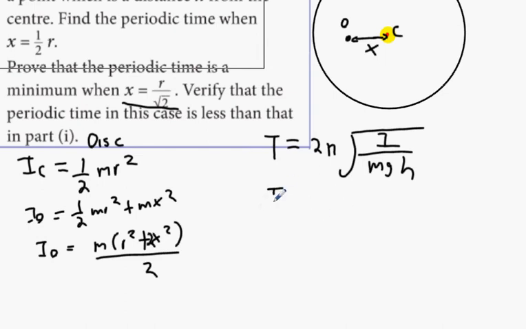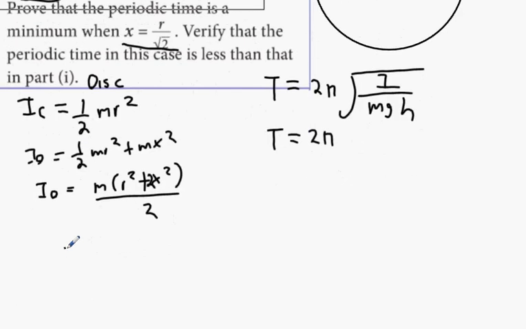So what it wants me to do is calculate the time it takes when x equals a half r. So what is the periodic time? It's 2 pi. Now if that's a half r, what does that make this system here then? It's going to be m times r squared plus 2 times r over 2 squared, all over 2.